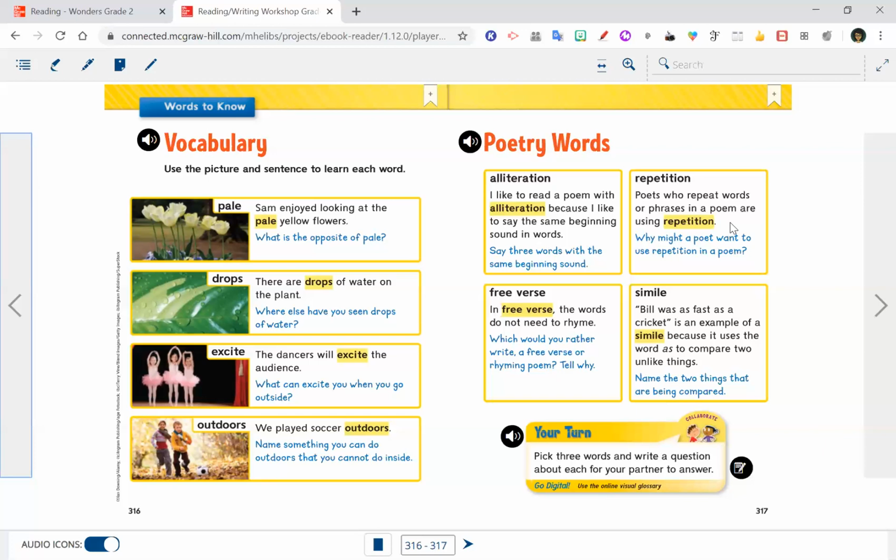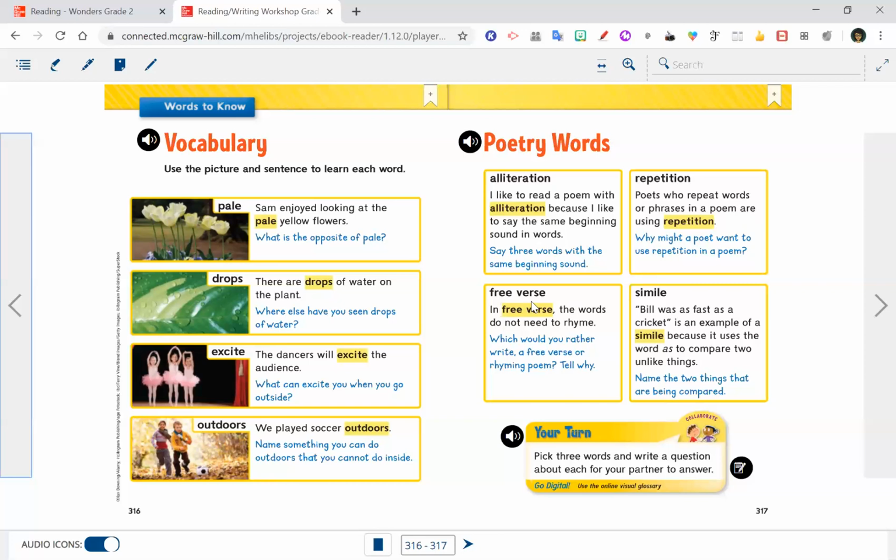Look, the cat is running. Look, the cat stops. Look, the cat drinks. What word is the poet saying over and over and over again? The word look. So sometimes a poet might want to use repetition in a poem to bring attention to what's going on.